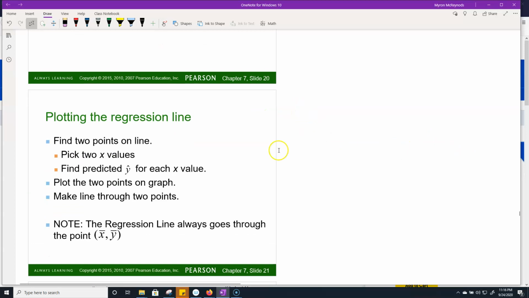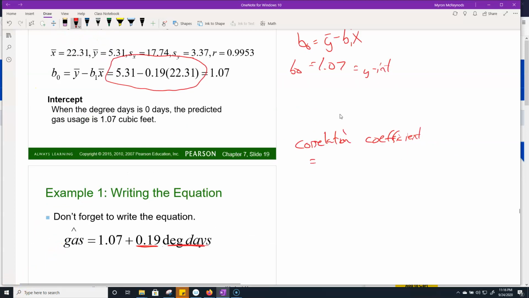All right. So the next thing they tell us to find is the correlation coefficient. The correlation coefficient is just your R value because they're going to tell it to you. And that is 0.9953. And then from the correlation coefficient, it's really easy to find the coefficient of determination.